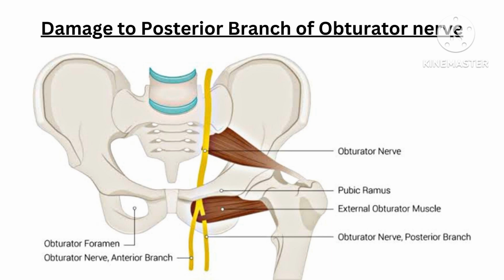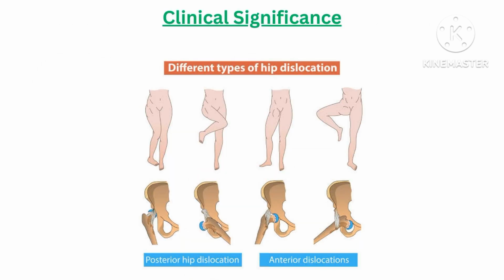This could potentially weaken the obturator externus since this muscle is innervated by the posterior branch of the obturator nerve. The obturator internus would not be affected by this surgical complication, since it is innervated by the nerve to the obturator internus.